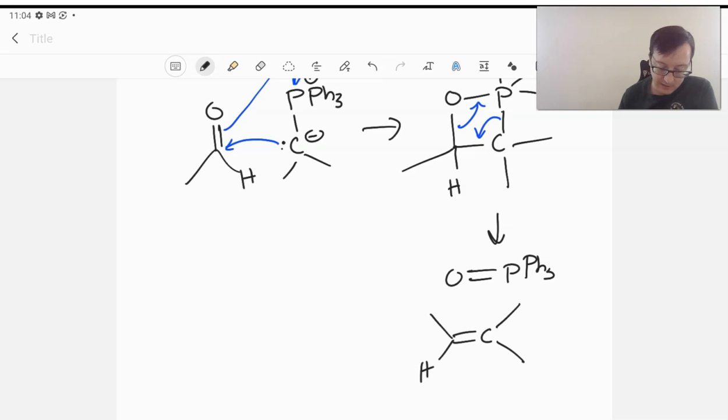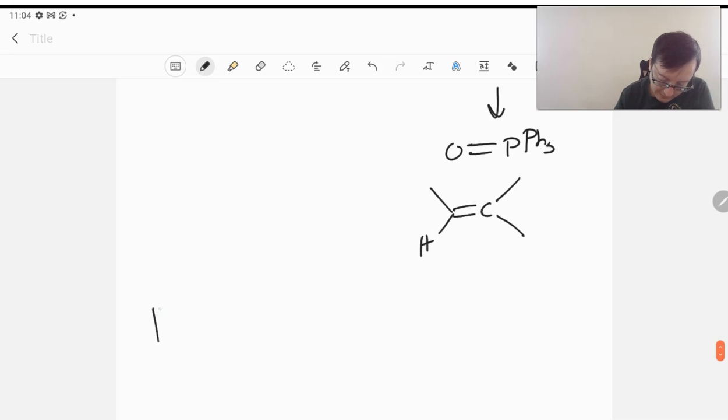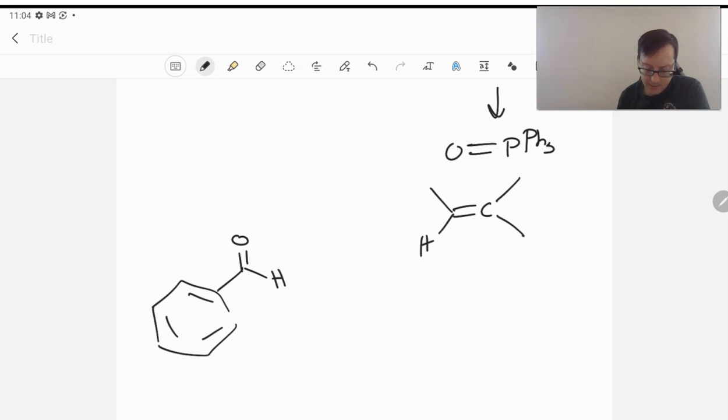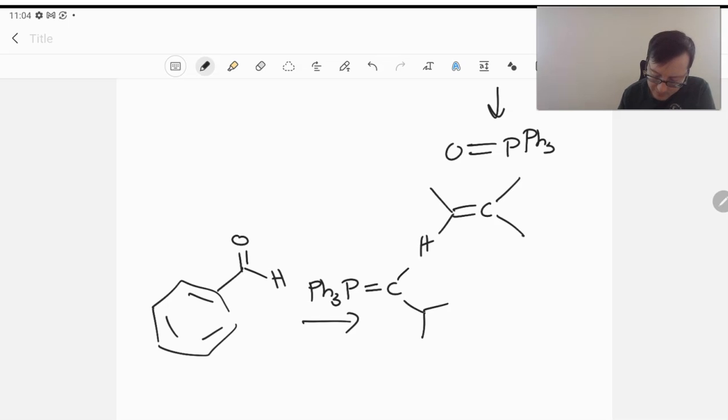So with this reaction, it's quite simple. You'll take your aldehyde or ketone. Here's benzaldehyde. Why not? Let's treat it with, how about we have an isopropyl group? How about we have both of them as isopropyl groups? Because why not? If we do that, everything in the original molecule stays the same.